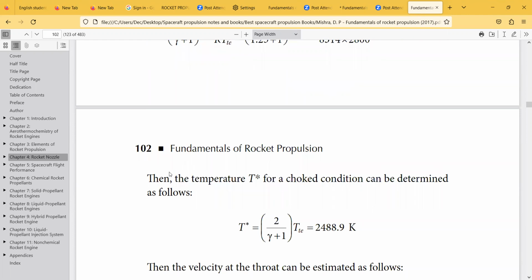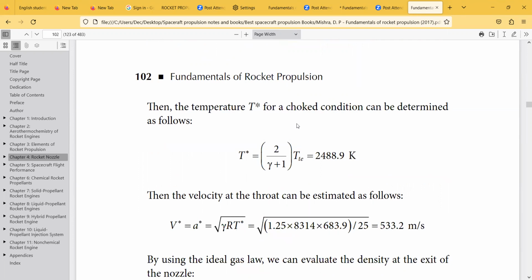Then the temperature at the throat for the choked condition: T star is equal to 2 over gamma plus 1 times the temperature at the inlet, which gives us 2488.9. The combustion chamber temperature is 2800 Kelvin.